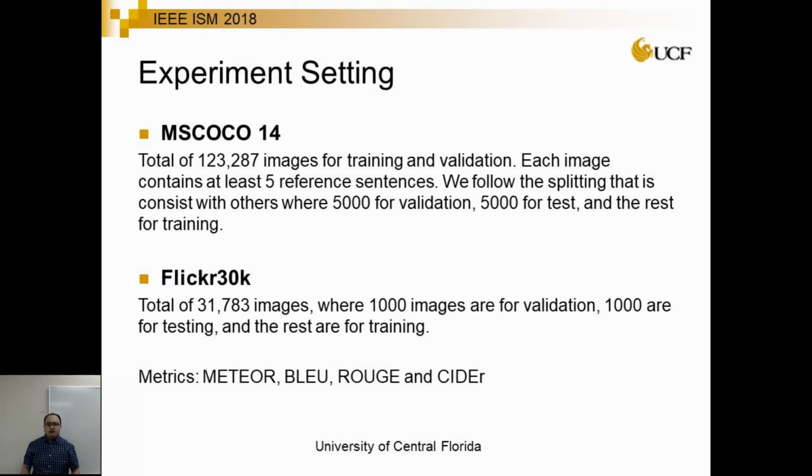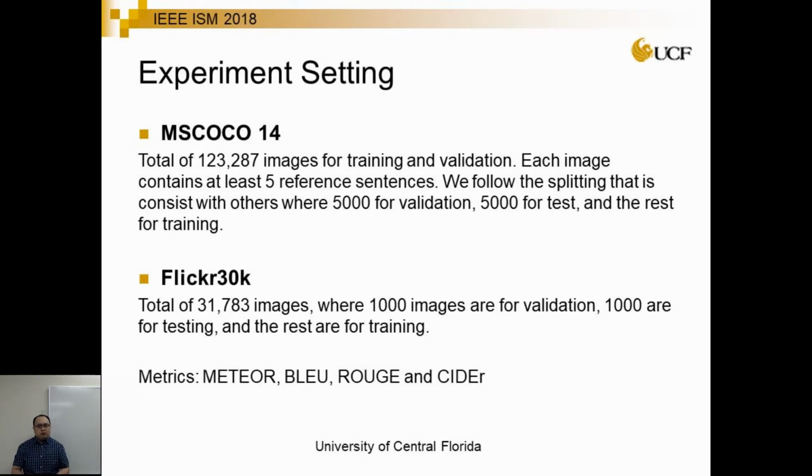Another dataset we try is Flickr30K. It's a classic dataset that contains 30,000 images, with 1,000 samples for validation and 1,000 for test. So our splitting is consistent with other recent captioning works in order to compare with them fairly.